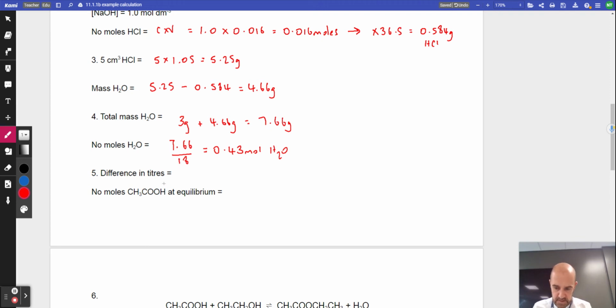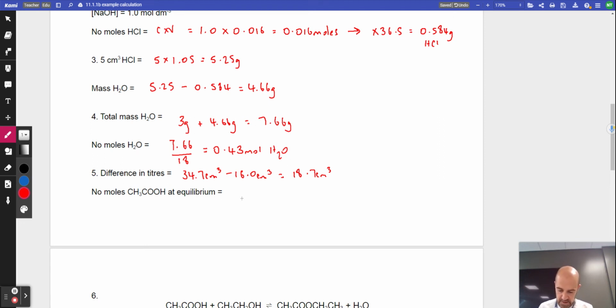Then, question 5 asks us to look at the amount of ethanoic acid which was there at equilibrium. The first thing we're going to do is take the difference in the titer values. The first titer for this group was 34.7 centimeters cubed, and the second one was 16.0 centimeters cubed. If we take the difference of that, we get 18.7 centimeters cubed. This is the amount of sodium hydroxide needed to neutralize the ethanoic acid.